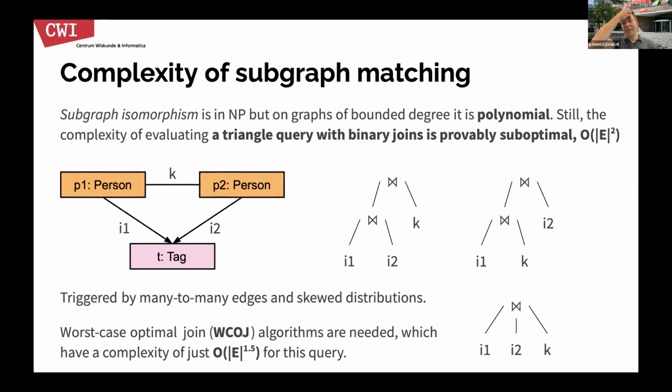And still, if we look at a triangle query here, so we have a triangle between two persons and a tag, it has been proven that addressing this using binary joins, and with binary joins, I mean joins between two tables, which is the normal way that database systems resolve joins, is provably suboptimal, because the complexity of that would be in the order of the square of the amount of edges. Whereas for triangles, it is proven that there can be only maximally the amount of edges to the power 1.5 results.